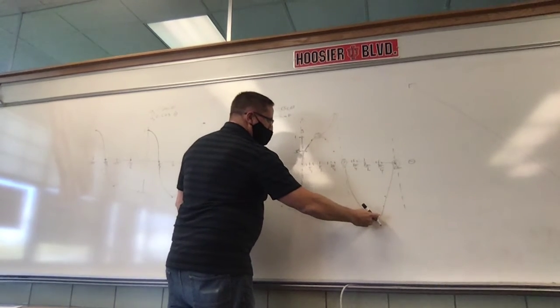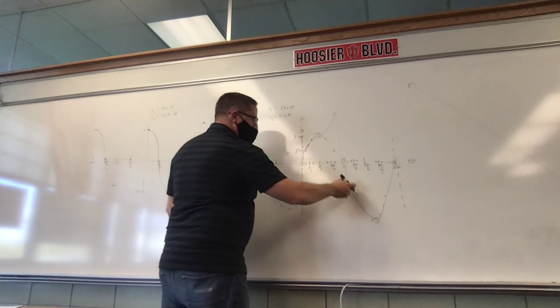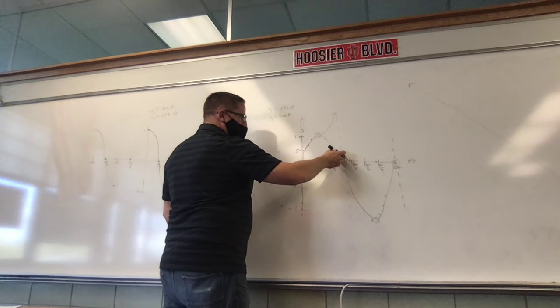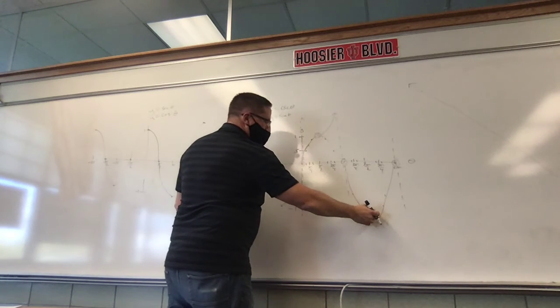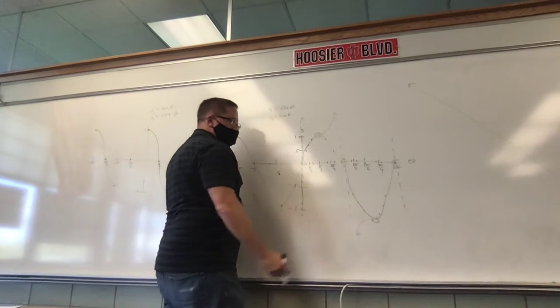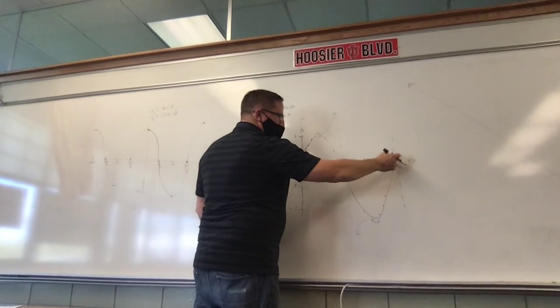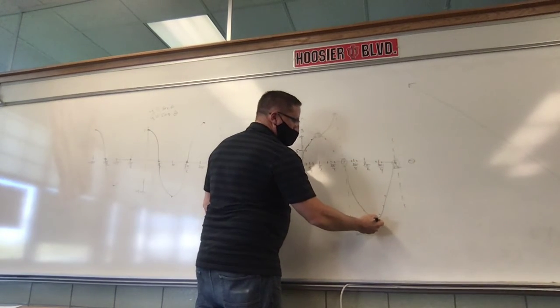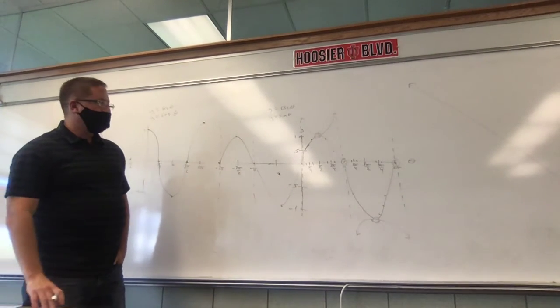As I go towards the asymptote, is it getting closer to zero or farther from zero? Closer to zero, because this is zero. These are negatives. So what's a cosecant graph going to do? Get farther from zero. As I go from here to here, the sine graph is approaching zero, so cosecant's going to go away from zero. Go ahead and put those.